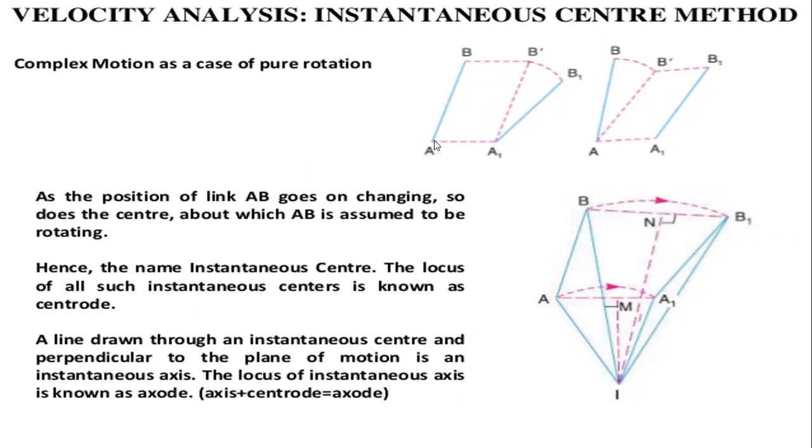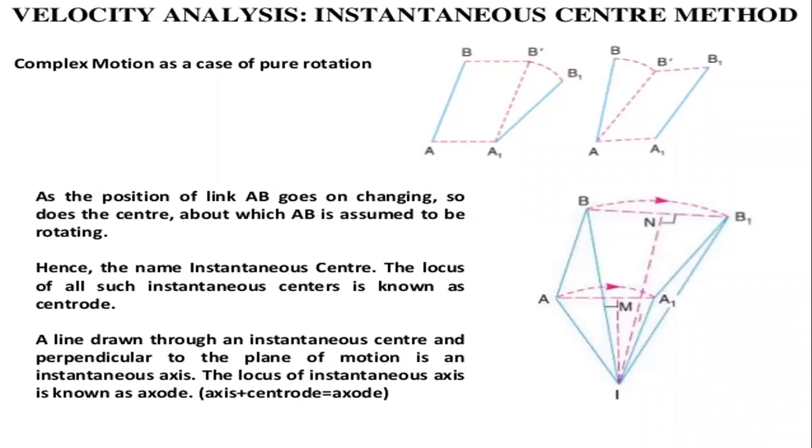Here this link is going to revolve or move along the dotted lines, and finally it is used to oscillate. So does the center. The center of the position is the A link, and it is used to move to the B side.